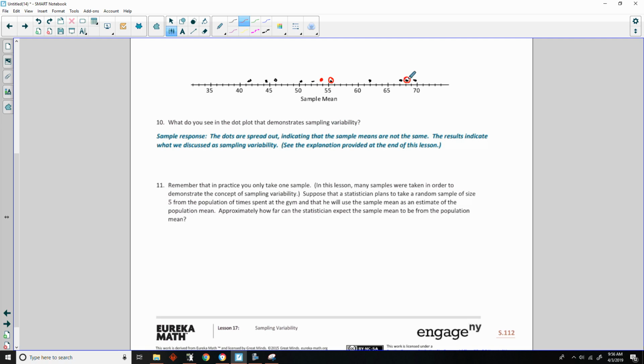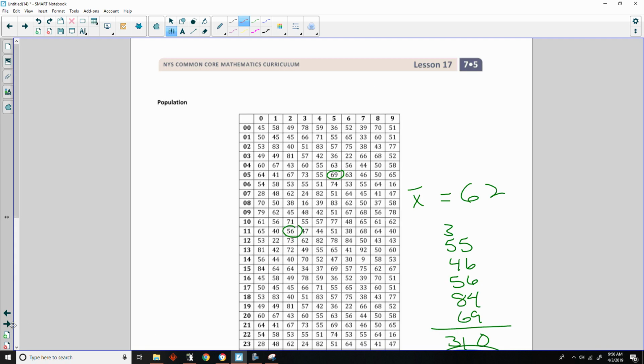But if your sample was over here at 67 or 68, and it was actually 54, then your distance could have been as much as 14. Okay, so it all depends on how you look at your sample and how you interpret what a particular mean might be compared to the population mean.